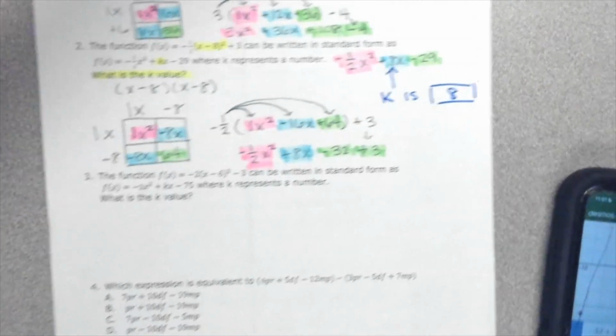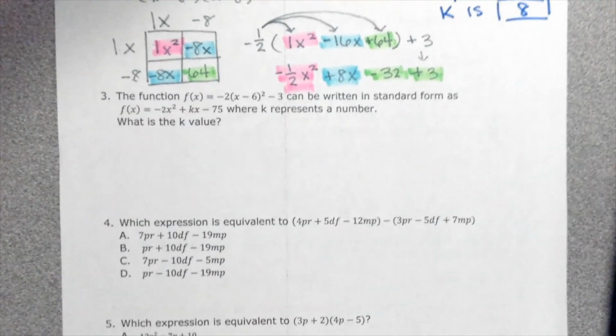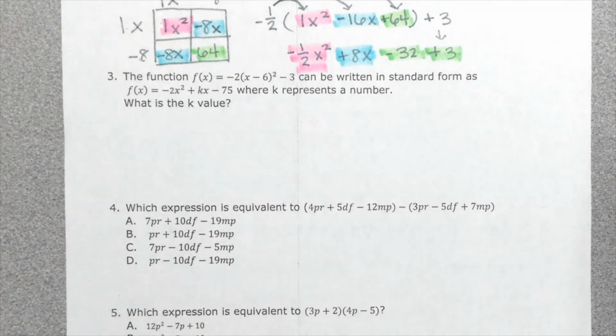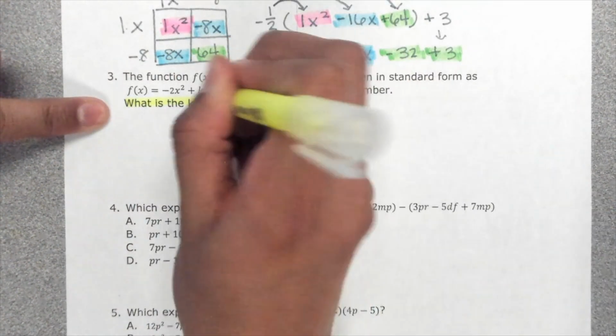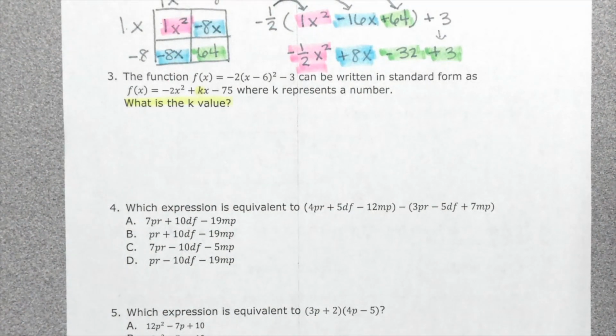Moving on to number 3. It says the function f of x can be written in standard form as f of x, where k represents a number. What is the value of k? So again, number 3 is exactly like number 2. So we're looking for the value of k, that middle term.